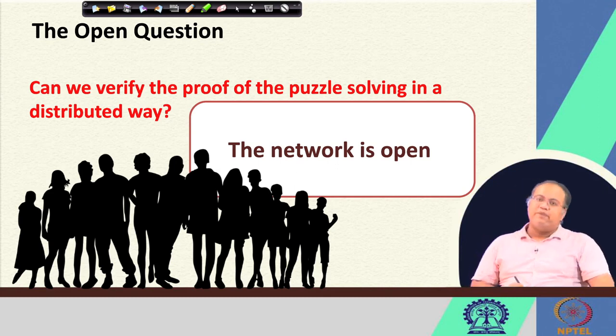Well, so what is meant by an open network? An open network basically means that anyone can join or participate in the network. If you try to remember our initial objective of developing a cryptocurrency, our objective was that anyone should be able to use that cryptocurrency to do financial transactions, and I want my entire network free from any kind of central authority like a bank or a government.